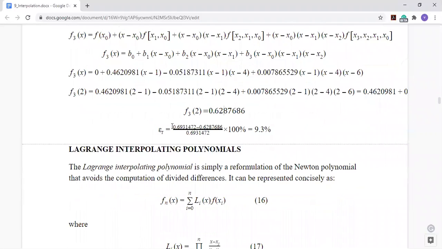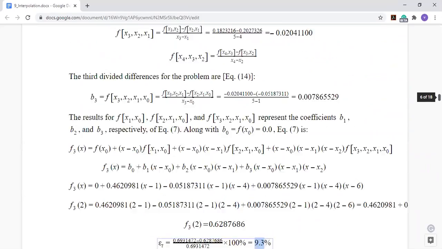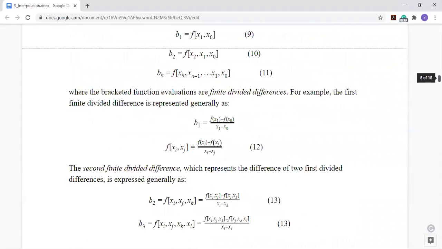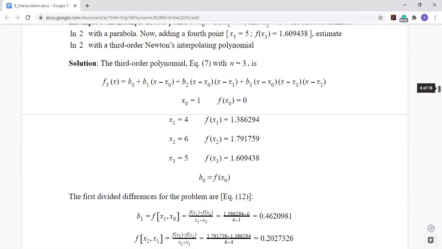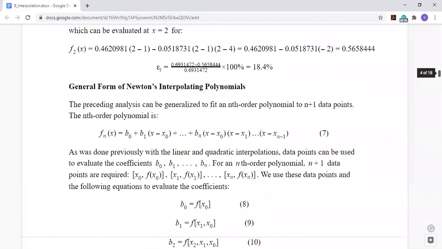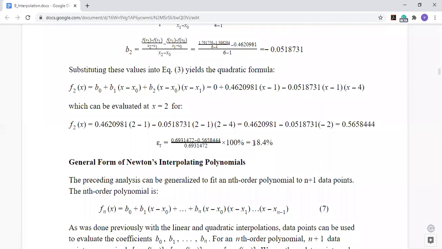So you can calculate the true error. This is the true value we're given in the question. So the true error is 9.3. If you can see, when we used a second order polynomial, the error we got was 18%.